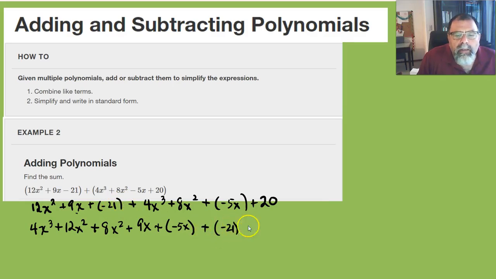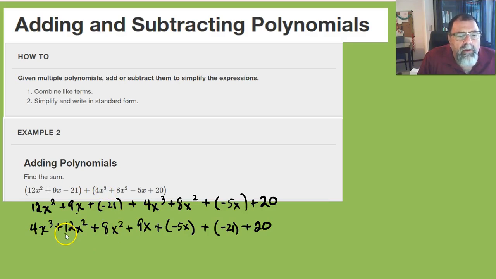Again, we wouldn't write this; this is the way we would do it in our head. Since addition has the commutative property and the associative property, I can drop these parentheses and rearrange the order. The rearranging is the commutative part.